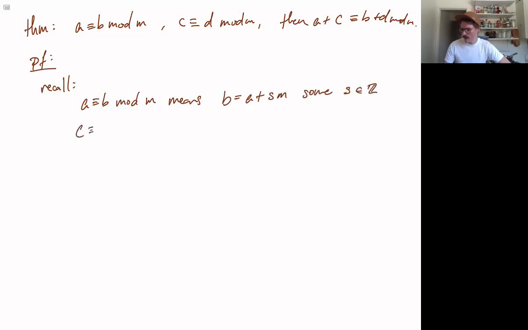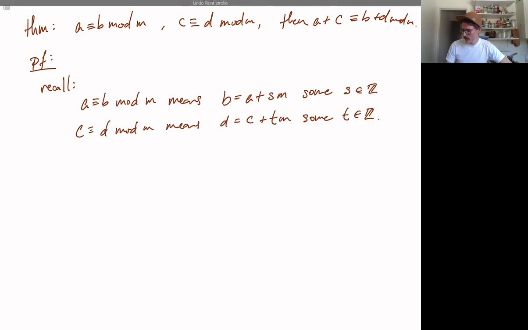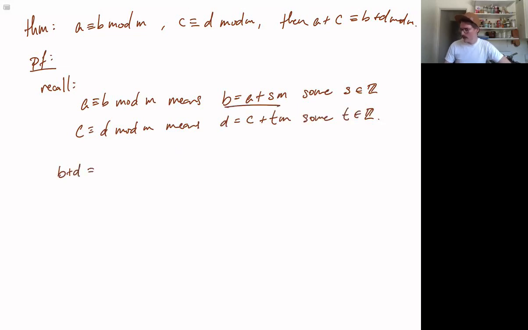And similarly, C congruent to D means D, could write either one, but D is equal to C plus a multiple of M. And then we simply add them, and then do these substitutions, see what we get.